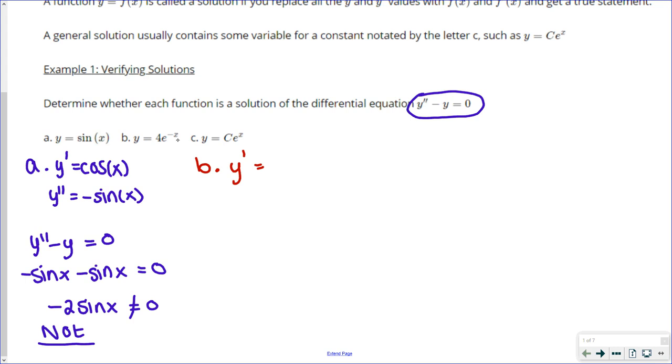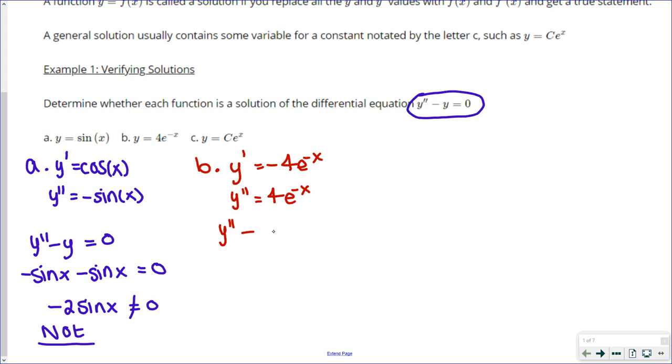All you have to do is take the negative and put it in front. So the first derivative is negative 4e to the negative x. Remember, the derivative of e to the x is always just e to the x. For the second derivative, y double prime, we bring the negative down again. So negative times negative is positive 4e to the negative x.